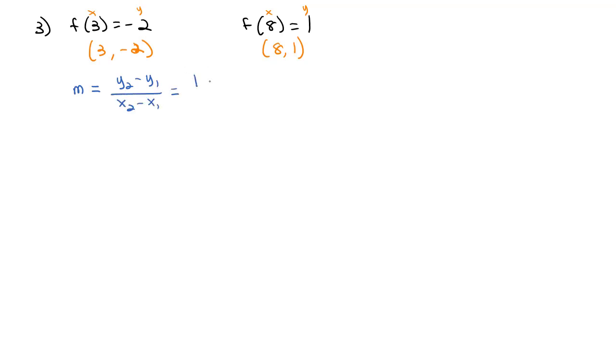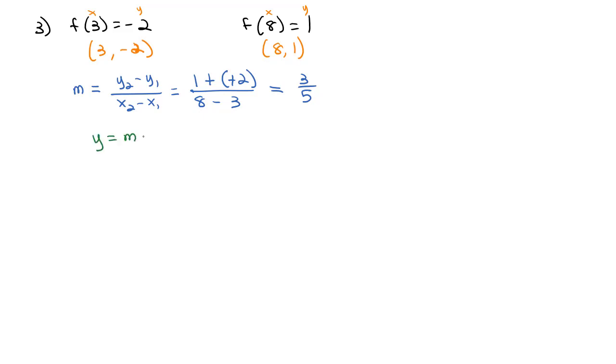The second y was 1, minus the first y is -2, over the second x is 8, minus the first x is 3. And if we're subtracting a negative, it becomes adding, so we have 3/5 for our rate of change between these 2 points.